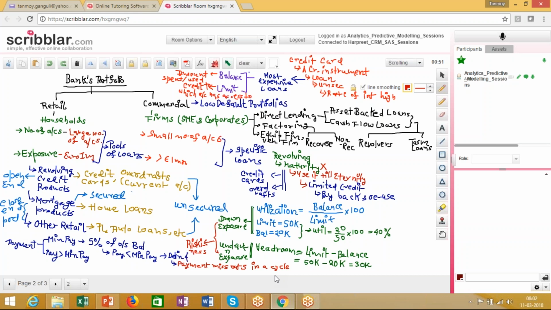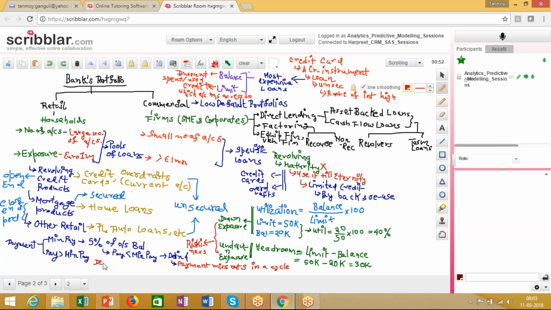For a given set of origination, we need to know how many accounts actually went bad, how many went good, and how many of them have been delinquent, and what has been their delinquency pattern. Therefore, for risk modeling, delinquency behavior is very important, right? So the term is delinquency.